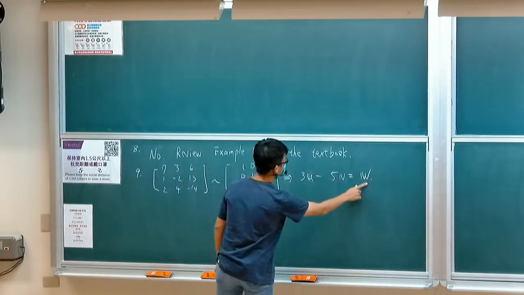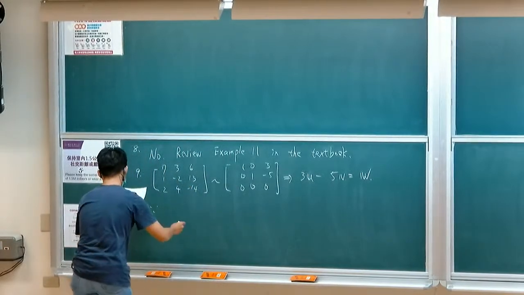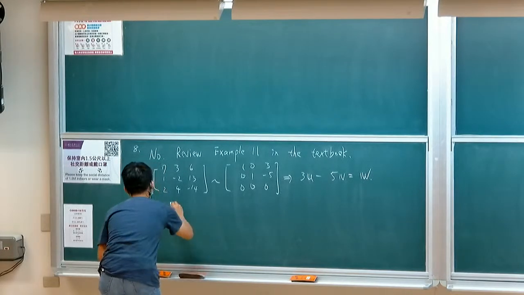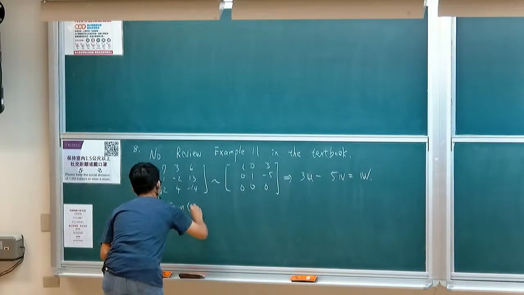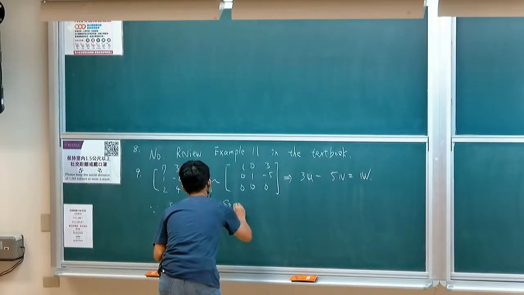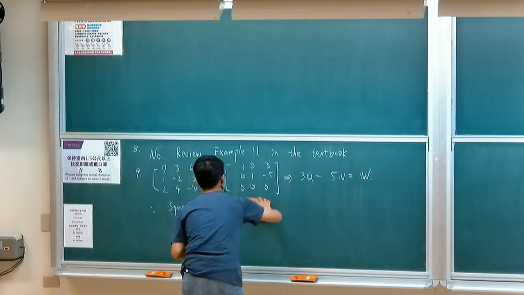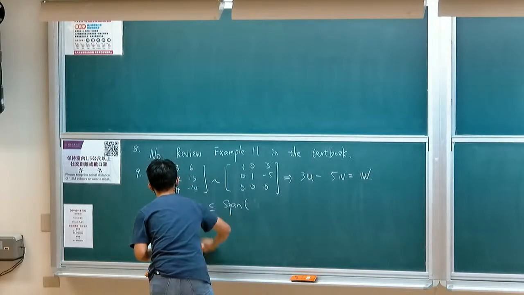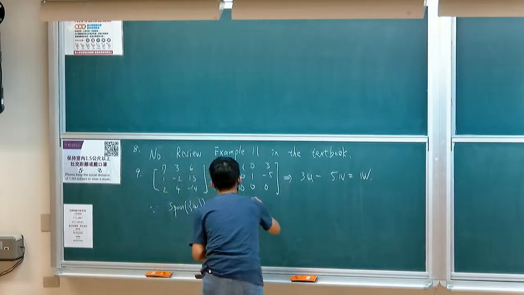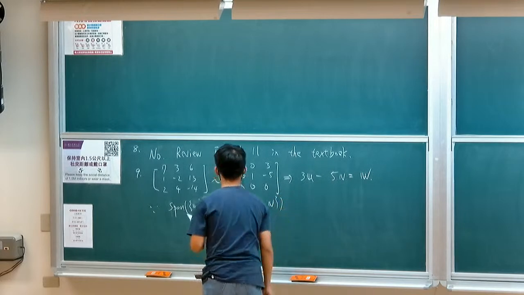So we know that w is in the span of u and v. So by the previous exercises, we have span of w is inside of span of u and v.